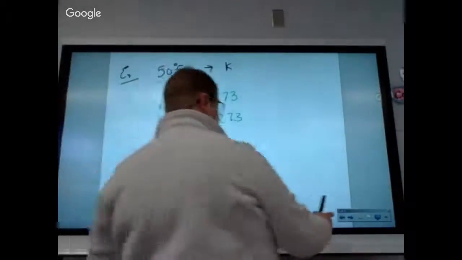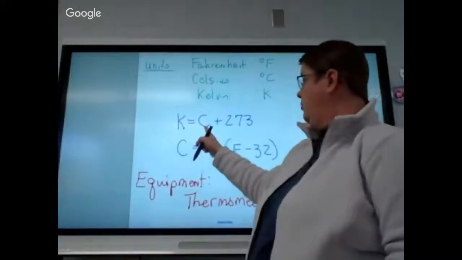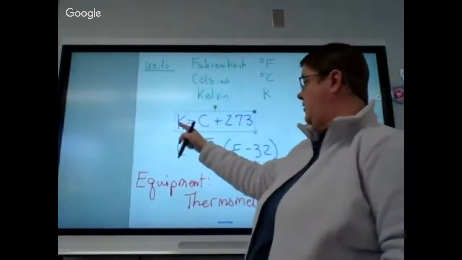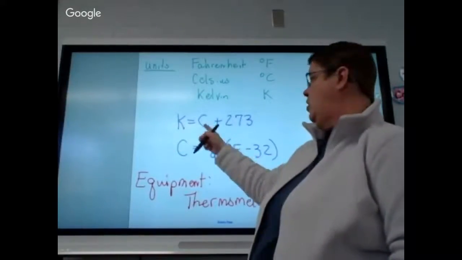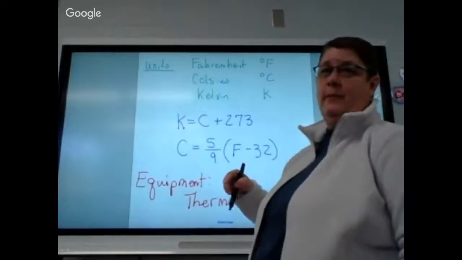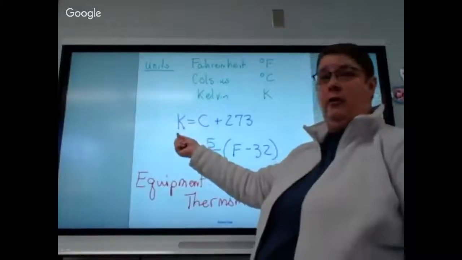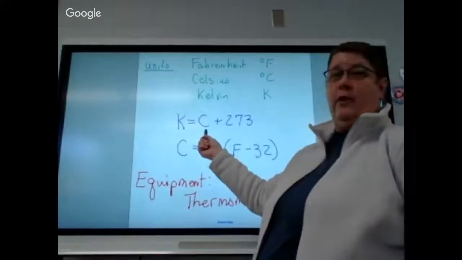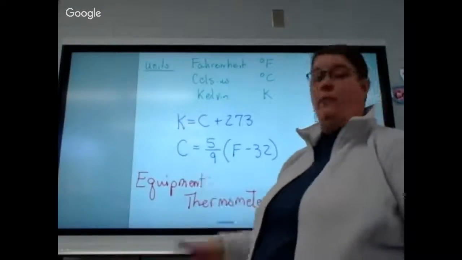So if I go back some, okay, this is the formula. So I'll either plug in the K or I'll plug in the C. If I had plugged in the K, I would wind up doing what with the 273 if I was solving for the C? I would subtract. Okay, so if I'd plugged in this letter and I was looking for this letter in math class, I would wind up subtracting the 273. But that's all I'd wind up doing in that formula.